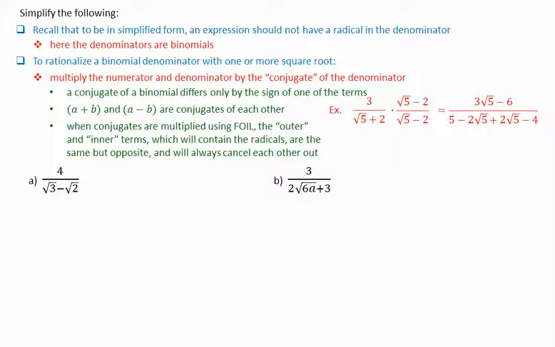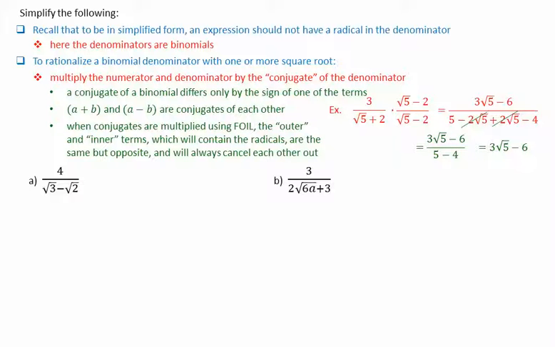We then get minus 2 root 5 and plus 2 root 5. These cancel each other out, and then we get the minus 4 as the 2 times negative 2. We then get the result 3 root 5 minus 6 over 5 minus 4, and then the 5 minus 4 is equal to 1, giving us the result 3 root 5 minus 6.